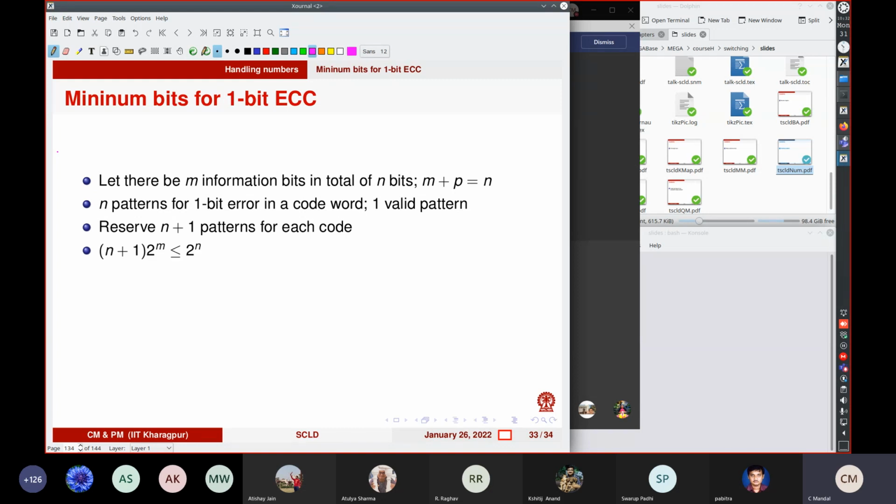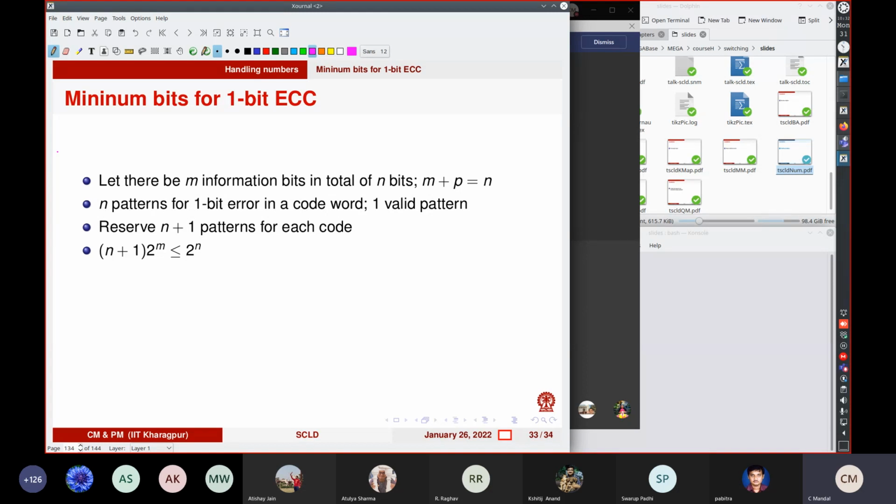Now, for each piece of information, we are assuming that you are using m information bits.